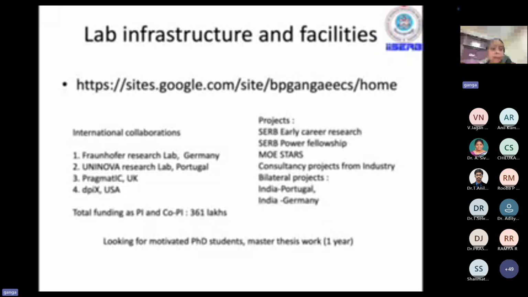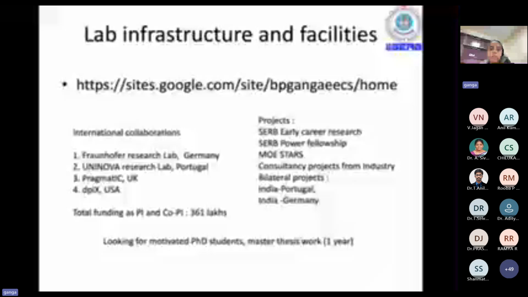Basically, my lab is meant for custom IC design flow with different semiconductor technologies. We deal with flexible electronics as well as electronics for harsh environments, for example space applications, automation and so on.